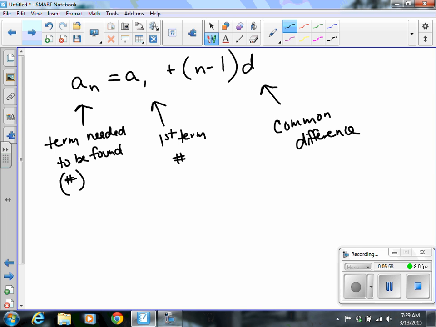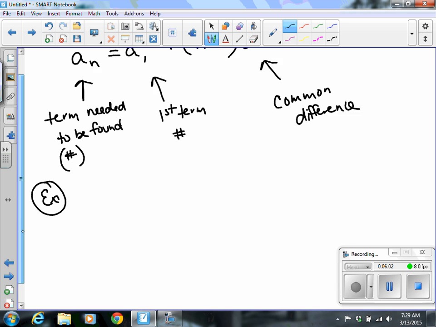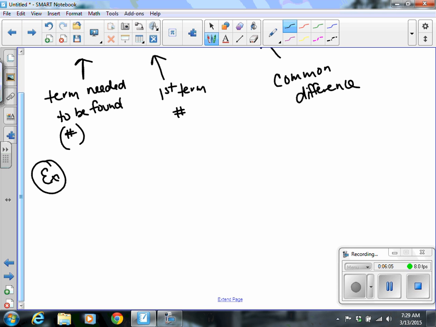Okay, so let's say, for instance, that a_1, my first term, is 100. The common difference is 7, and a_n equals 233.